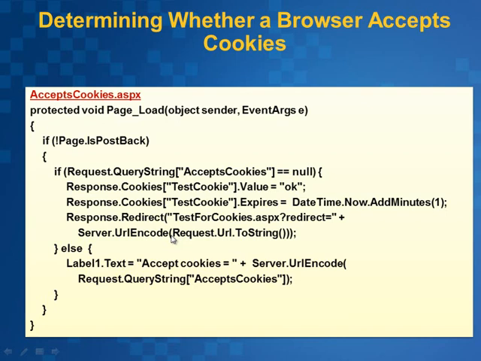So the user visits your page, you put a cookie into your page, send it to the client, and ask the client to go to some other page. Automatically it is redirected to that page. That page checks whether the client has accepted the cookie or not. Based on the result, once it checks whether the client has accepted or rejected the cookie, it will again redirect the client back to the same page. This is the technique that is being performed.